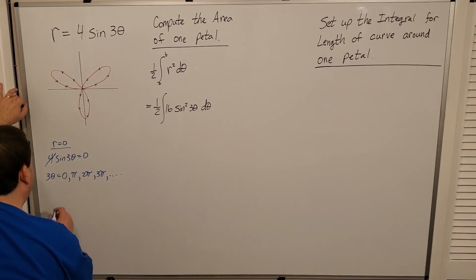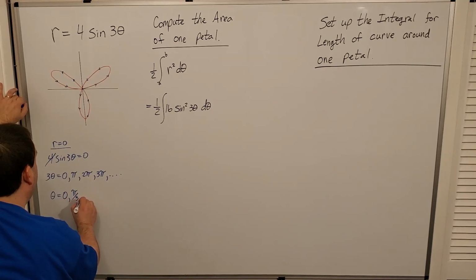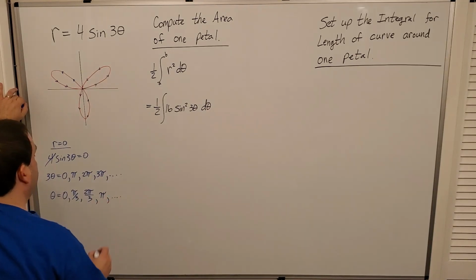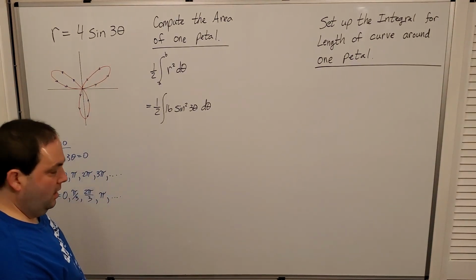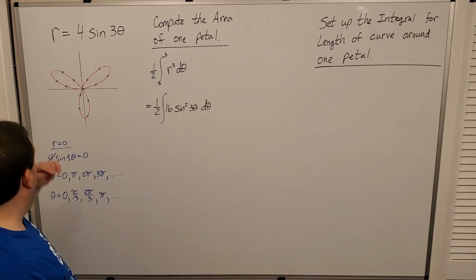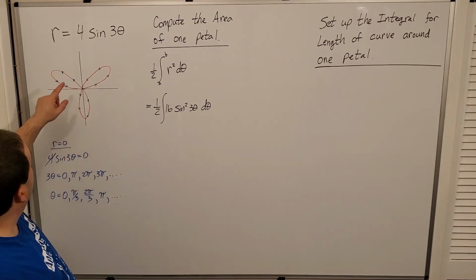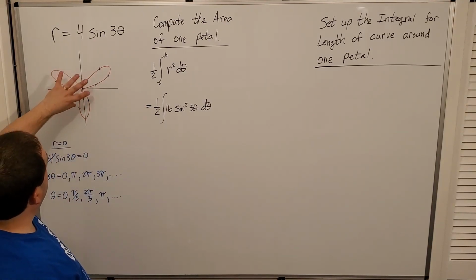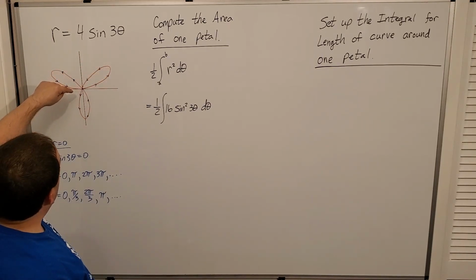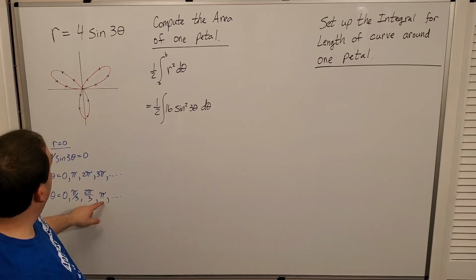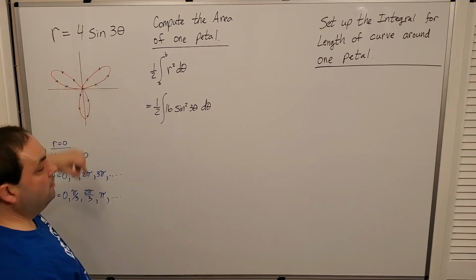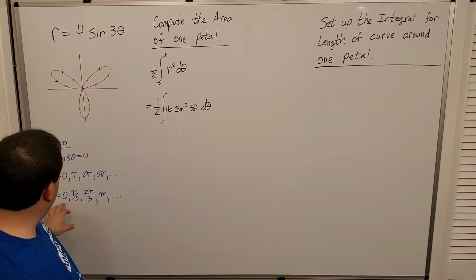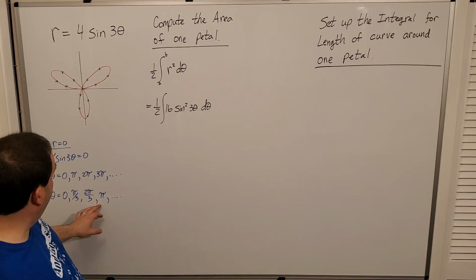If I divide everything by 3, you see what I get is 0, pi over 3, 2 pi over 3, pi, so on and so on. Next will be 4 pi over 3, and on and on. But pi in this case is actually far enough that this thing would complete its journey. Whenever you have an odd number of petals like this and it's not rotated or offset, it's going to go through just 0 to pi, and then it's going to meet back up and start over again. So this is actually the whole breadth of the entire curve here.